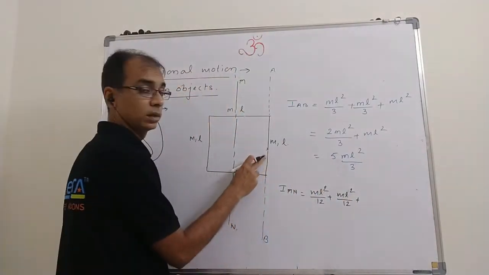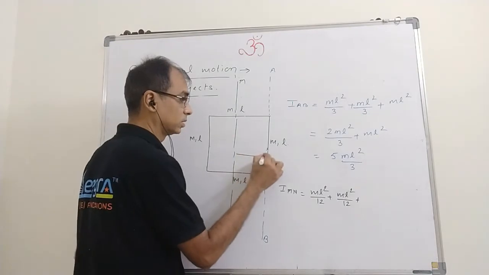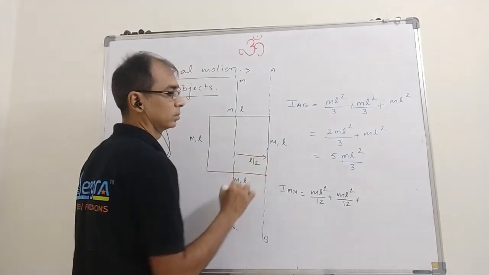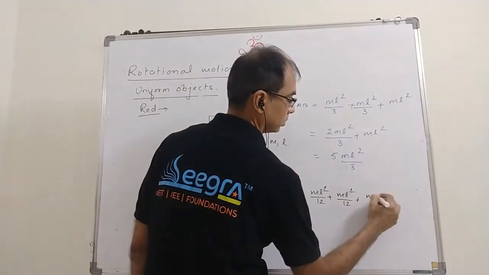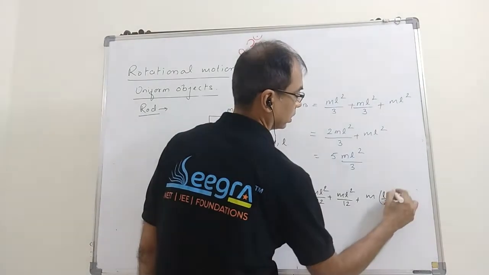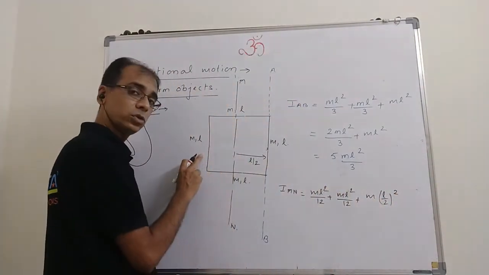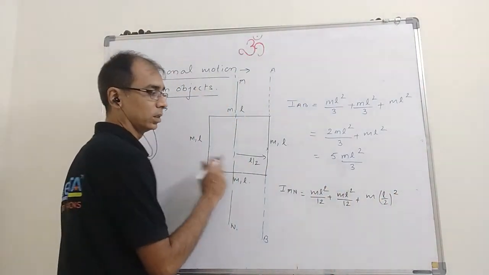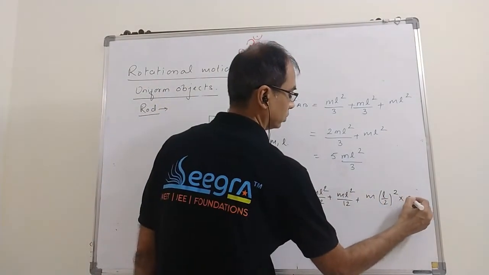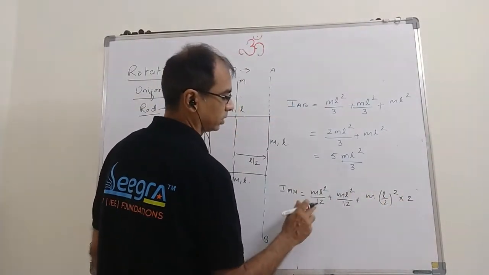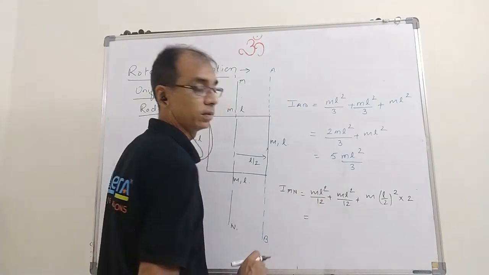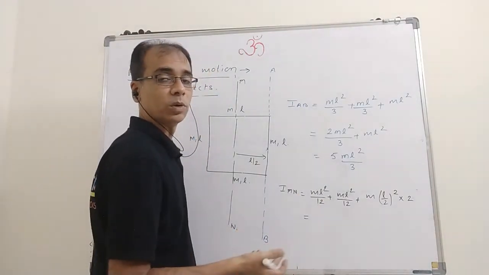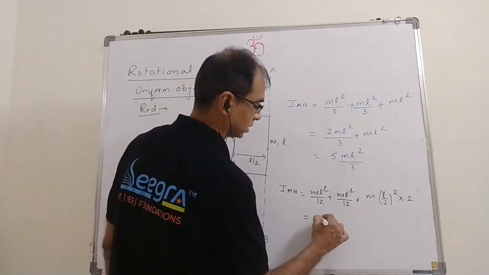For this one, this distance is L by 2, so m into L by 2 whole square. What about this one? This also is m into L by 2 whole square. That means here we can multiply by 2. What are we getting? ml square by 12 plus ml square by 12, 2ml square by 12, that is ml square by 6.